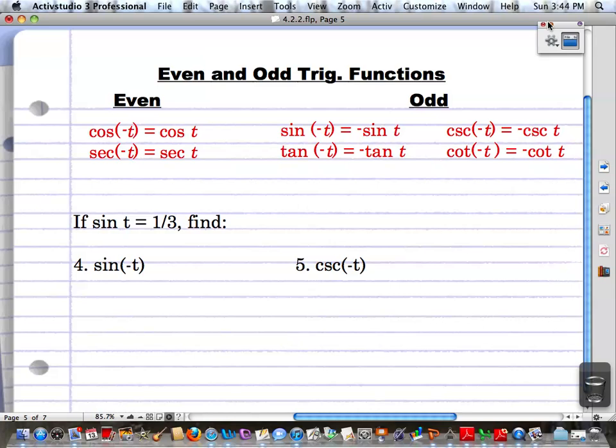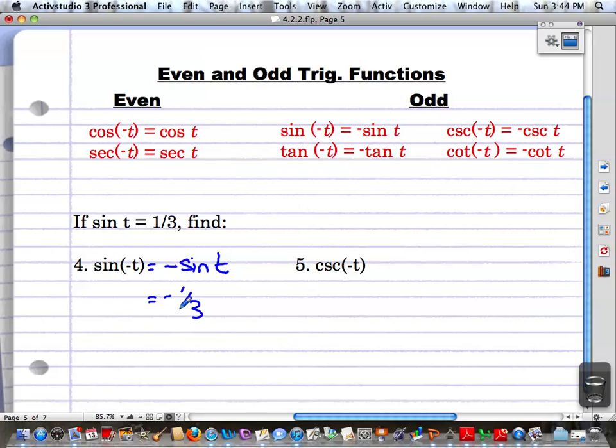So if we look at the example, if sine of t is equal to 1/3, find sine of negative t. Well, because the sine is an odd function, we know that the sine of negative t is the opposite of the sine t. And the sine of t was defined to be 1/3, so this is going to give us negative 1/3.